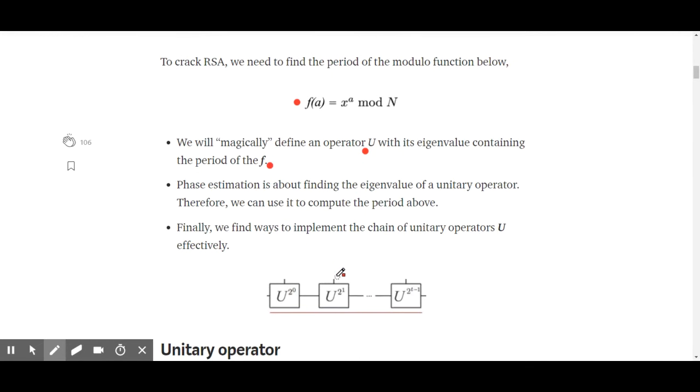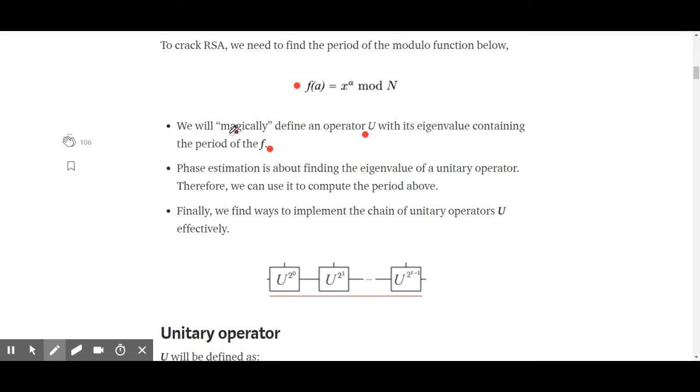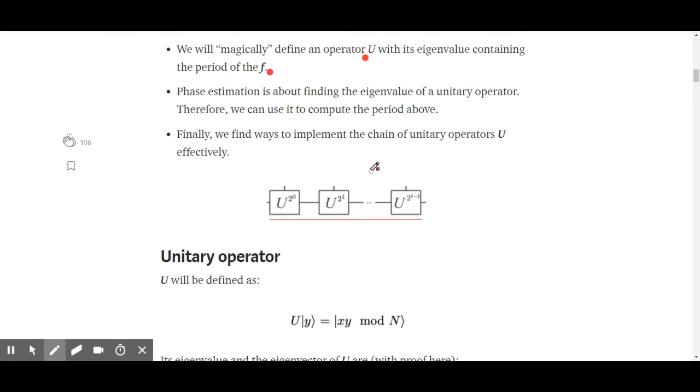So okay, this means you define a U which has an eigenvalue that contains the period of F. But it's the period you're trying to find, so how do you do that? Phase estimation is about finding the eigenvalue of the unitary operator. Therefore, we can use it to compute the period above.